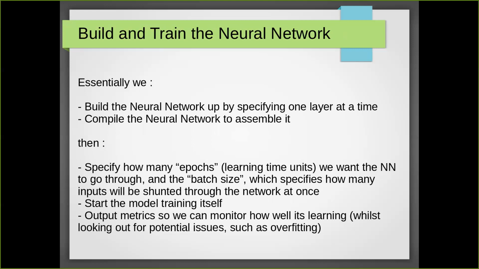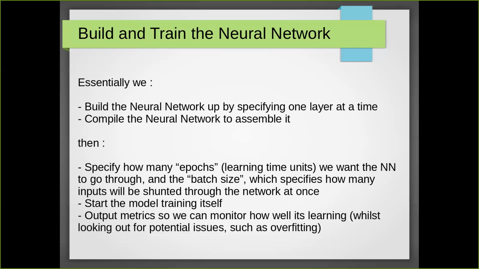And then once we've done that, we specify how many epochs. Now, remember, epochs are just the learning time unit. So one epoch passes once all of the training data has been shunted through once. Remember, we batch it up. We rarely if ever would shove everything through at the same time, because that causes massive overfitting problems.